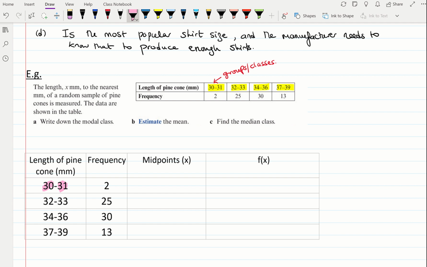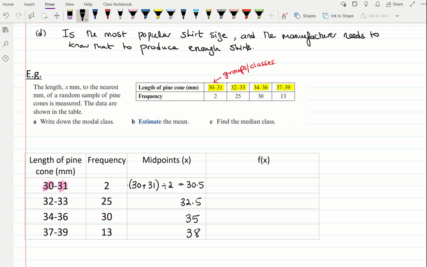So if you're going to do it on a calculator, if the numbers are not clear, then you have to put it in brackets so that BODMAS doesn't take over. But it is clear that what's between 30 and 31 is 30.5. And between 32 and 33 is 32.5. And between 34 and 36, you have to read carefully, the groups can be different, is 35. And between 37 to 39, it's 38.